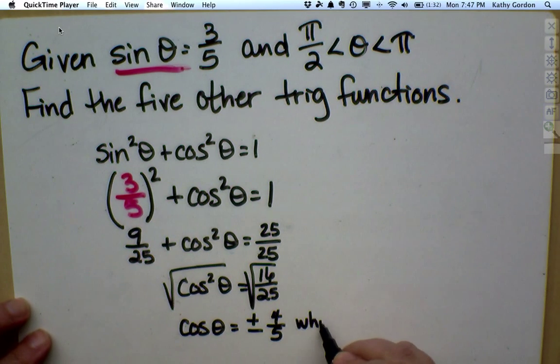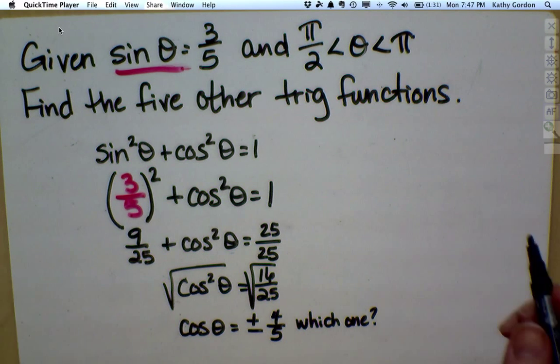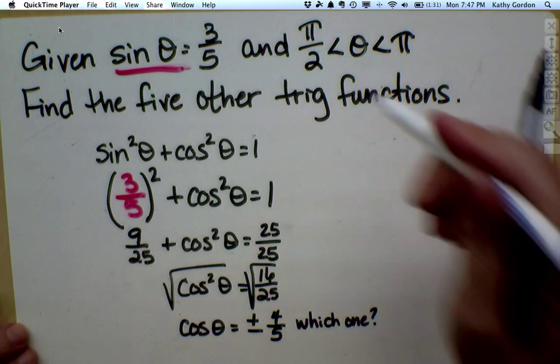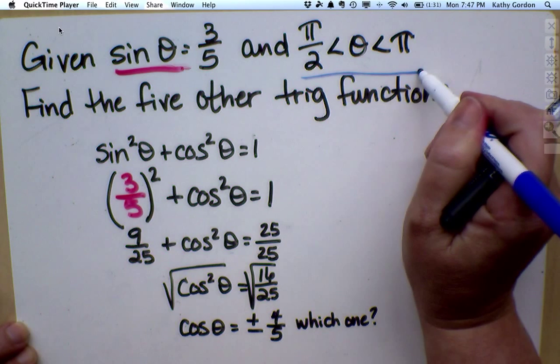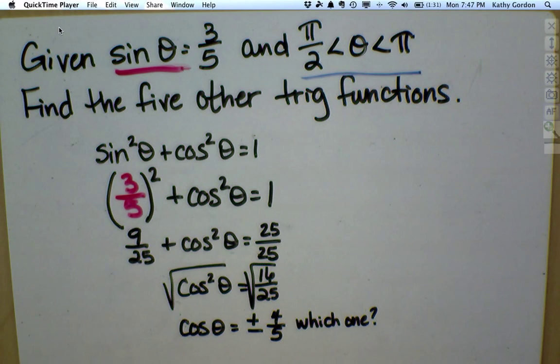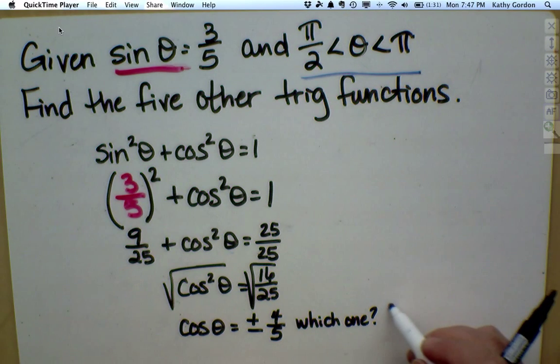So, which one should it be? Should it be the plus or should it be the minus? Well, that's where this extra piece of information comes in. The fact that they were telling us that our theta is supposed to be between pi over 2 and pi is their way of saying that theta has to be in quadrant 2.